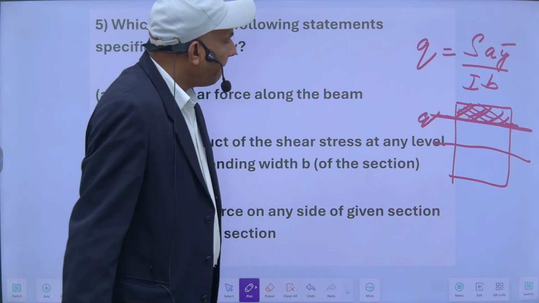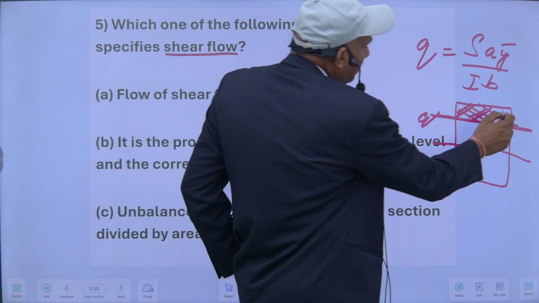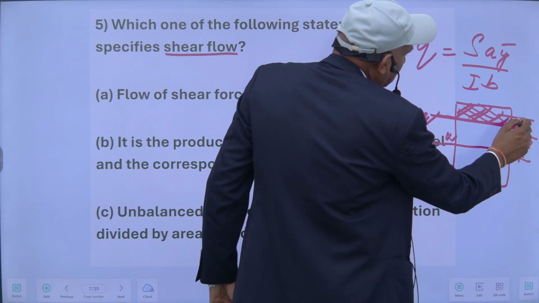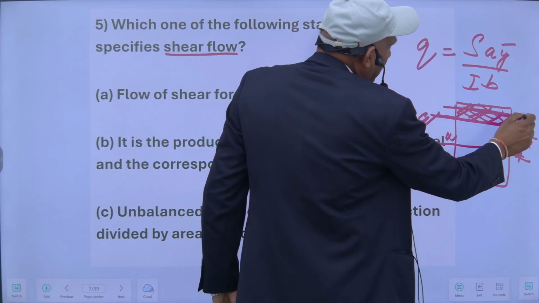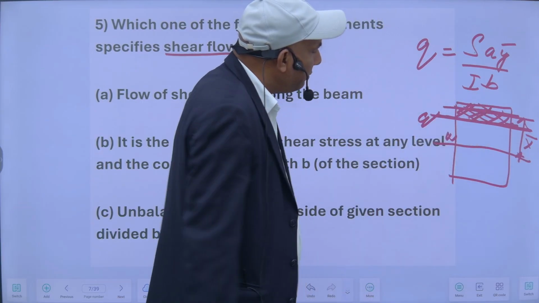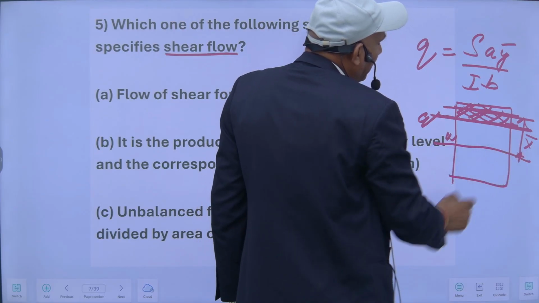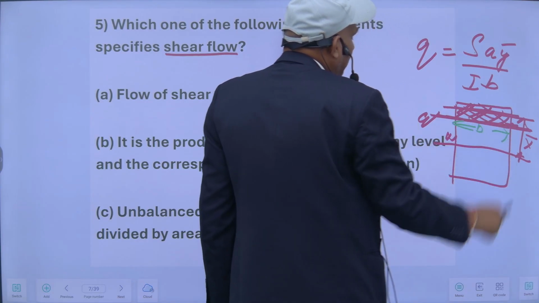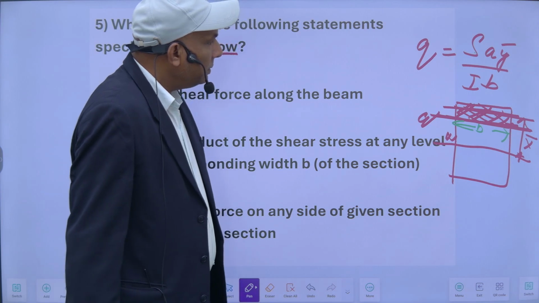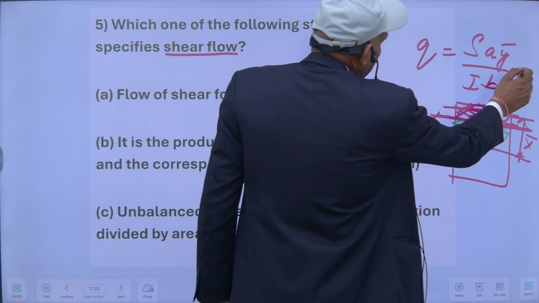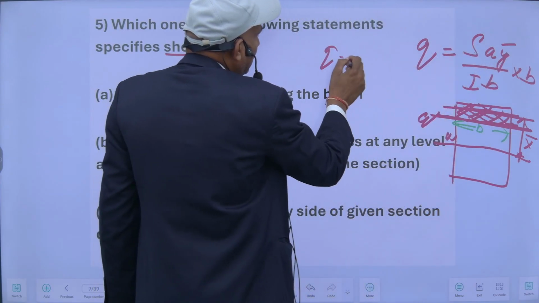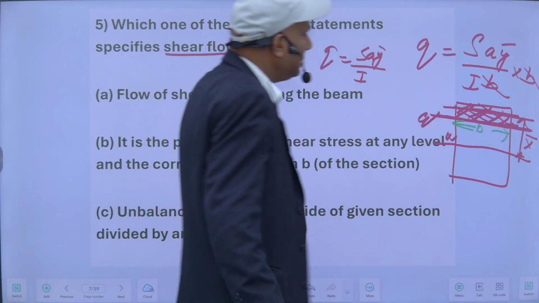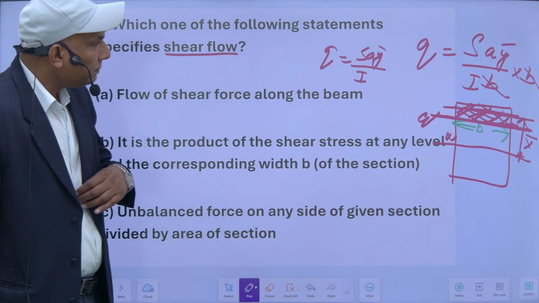So this area into, from the neutral axis, this distance is Y bar. From the centroid of this area to the neutral axis, this distance is Y bar, divided by the moment of inertia of the whole section about the neutral axis into B. B is this width. So this is the formula for shear stress. Now, if I multiply it by B, it will give Q is equal to S A Y bar upon I. So this will give shear flow.